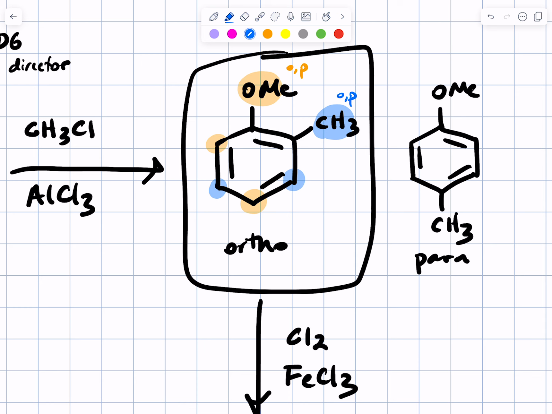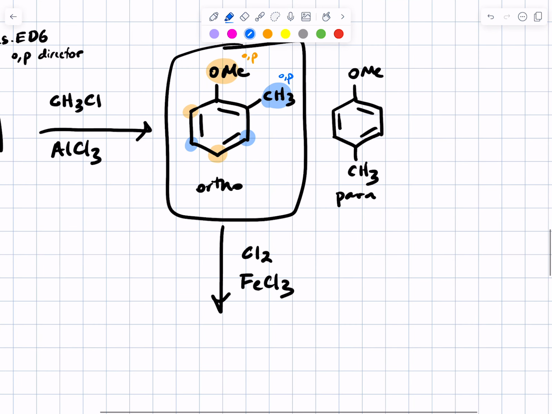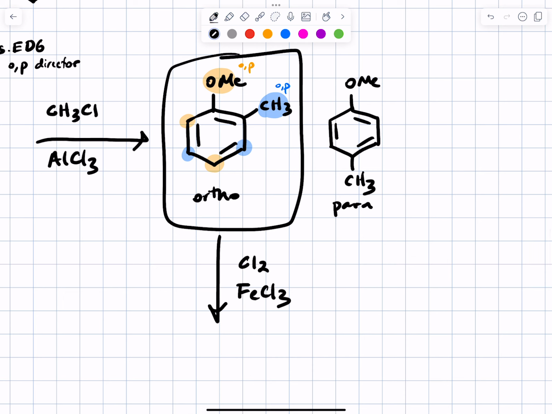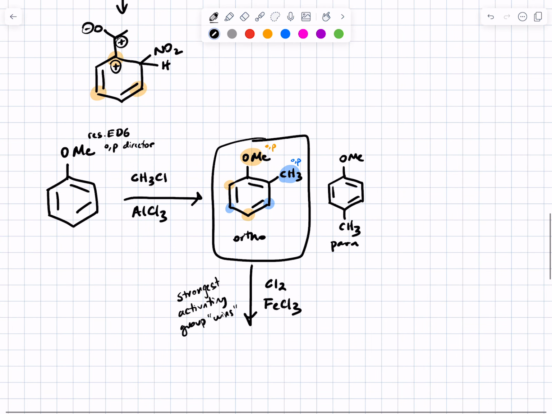So we can see there's a difference in preference, right? Methoxy would prefer the orange carbons, methyl would prefer the blue carbons. When you're in this kind of conflict, the principle that your text gives you to solve this problem is the strongest activating group wins. Okay, and so this is where a table in your text is going to be useful.